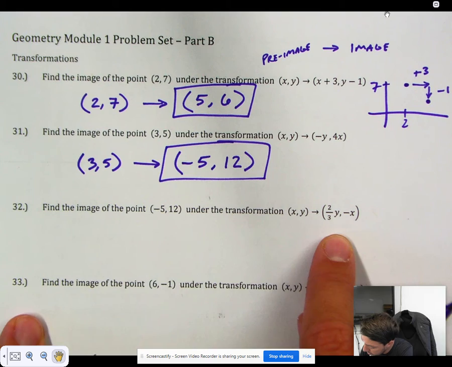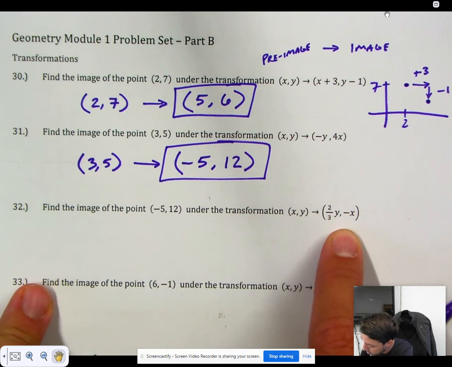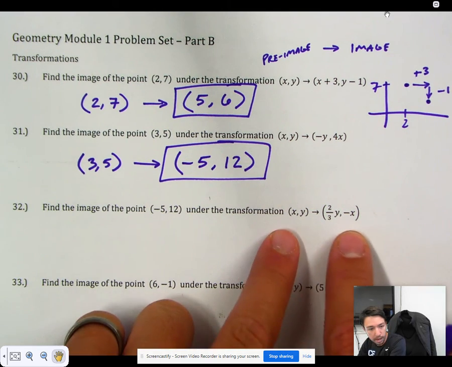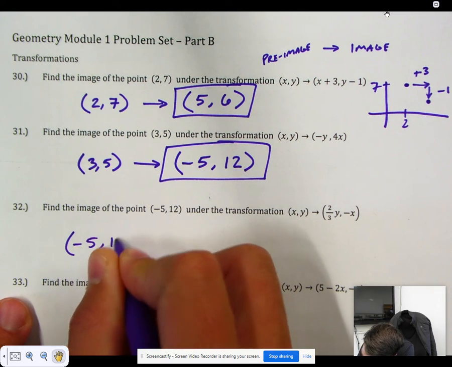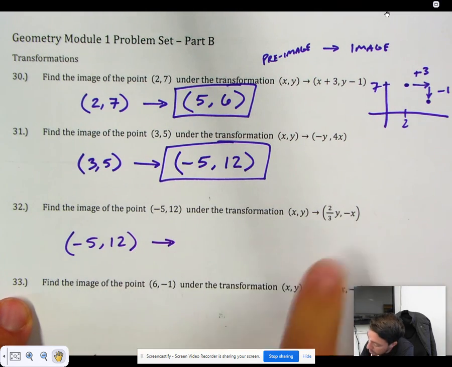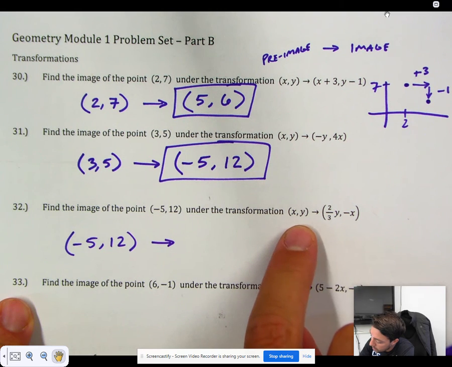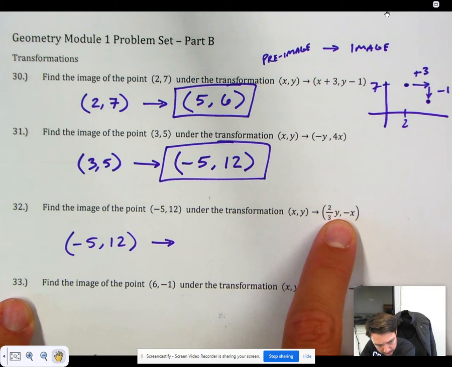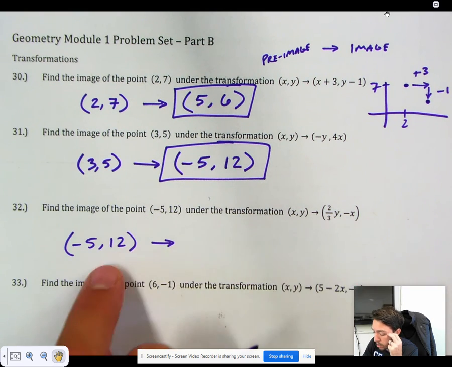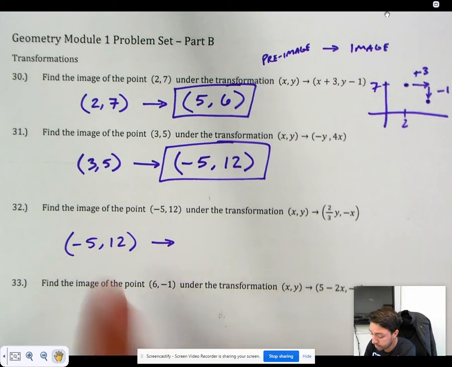Question 32 is: find the image of this point under this transformation. Same thing. Notice there's a swapping. So negative 5, 12. They swap, and we also take 2/3 of the y value. So what's 2/3 of our y value?